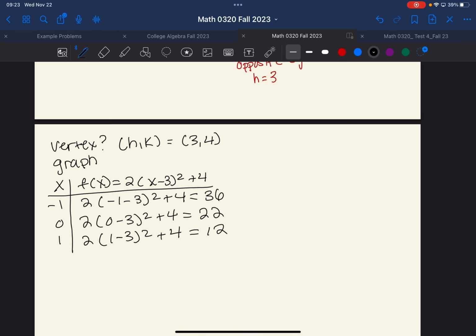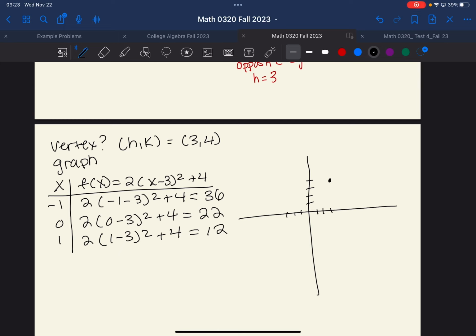I can plot my 3 that I just found, and I can plot my vertex. Okay, so I'm going to plot my vertex first. So positive 3, 4. That's my vertex. And then I have -1. Oops, I plotted it on the wrong side. Right here.